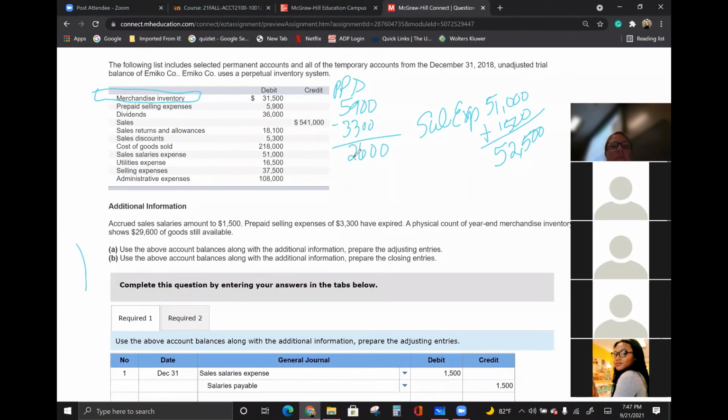It says I have 31.5. Well, that's not correct. I just did a count. The count's not 31.5. It's 29.6. So I need to adjust 1,900. So I need to reduce the inventory by the 1,900.